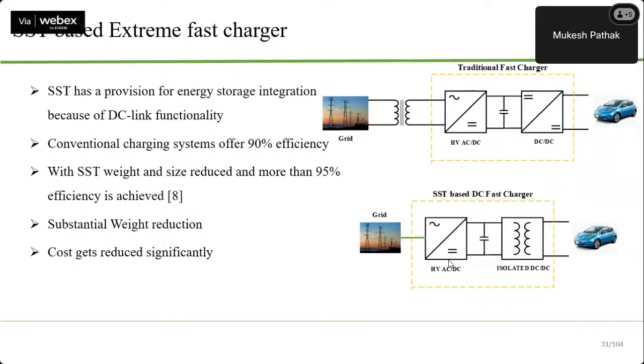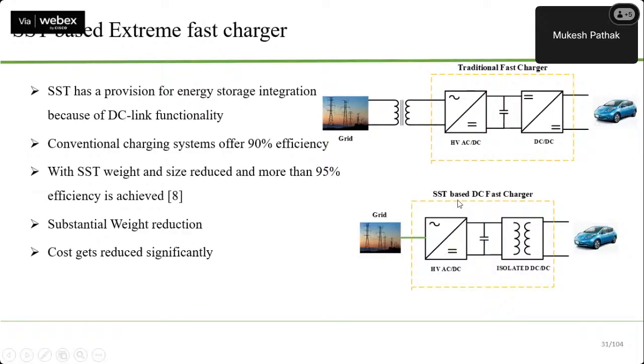Then, as I said, this solid state transformer is also a potential option for fast chargers. In a fast charger, what you need is a DC-DC converter. What you need is an AC supply. So with the AC supply in the traditional fast charger, you will have HV AC-DC link, and then DC-DC, which is the final charging stage.